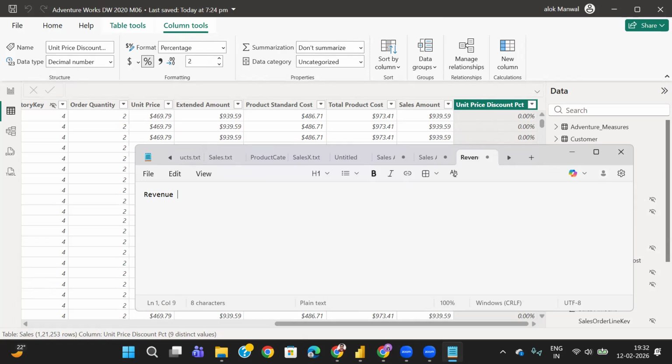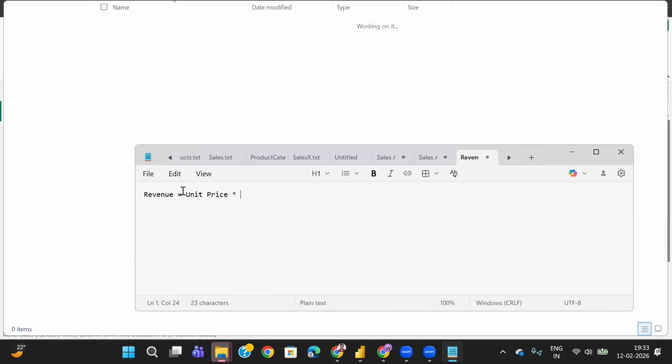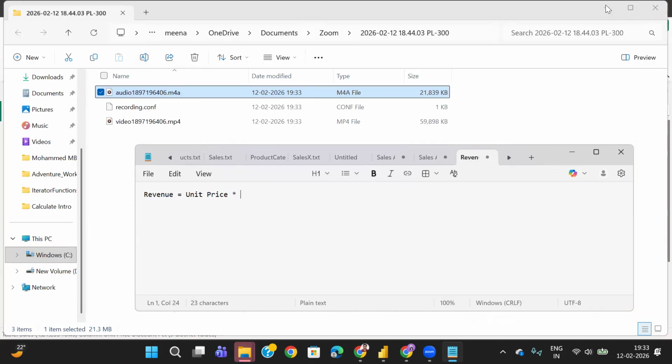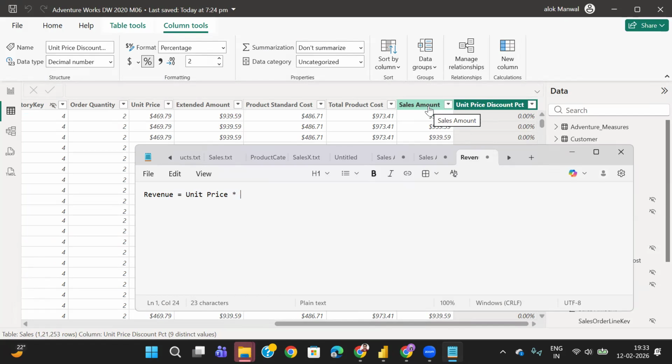If we are going to calculate the revenue with the help of unit price, order quantity, and unit price discount percentage, how are we going to calculate that? So this is unit price into discount. Sales amount is basically after discount, correct?